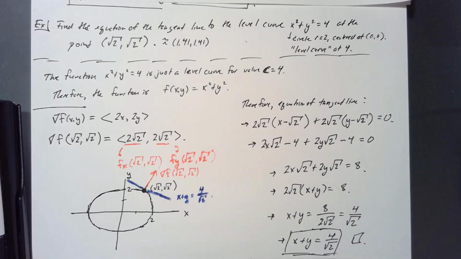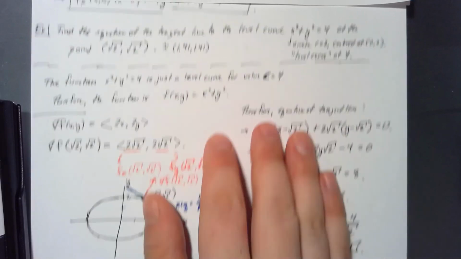And then we're going to look at linearization and stuff like that. What does linearization represent? And then we're going to get into finding maximums and minimums. We're going to be doing the second derivative test, finding extreme values of multivariate functions. So that's the end of this section.